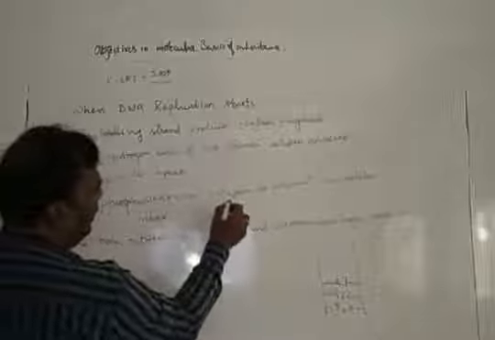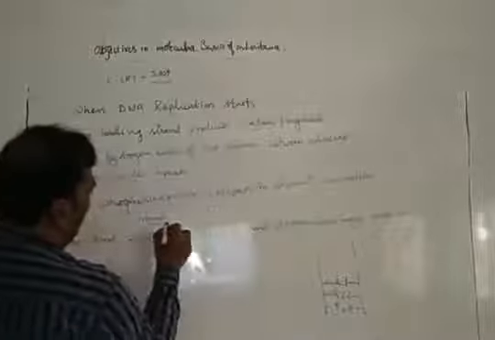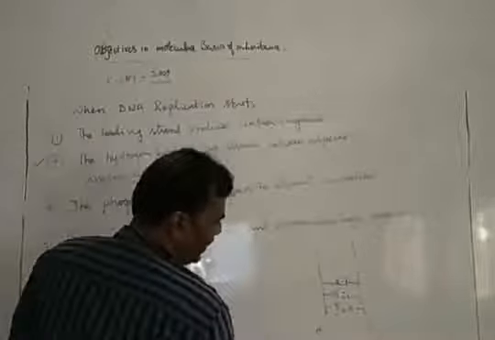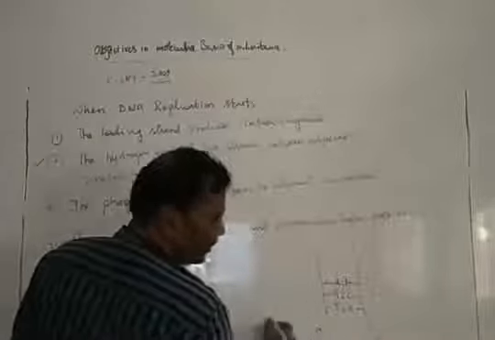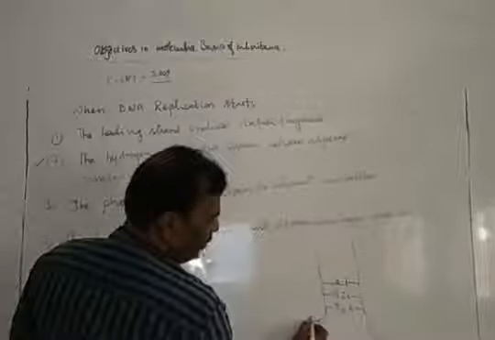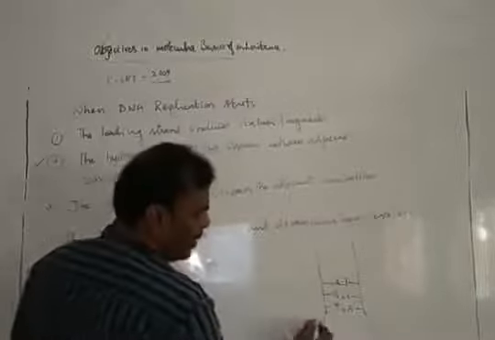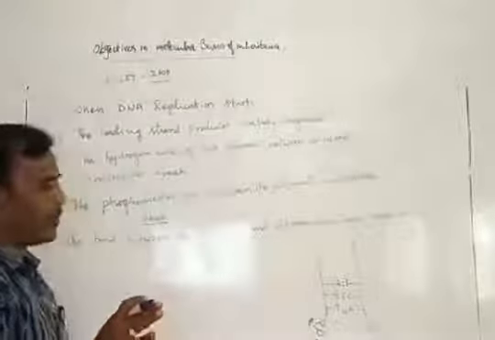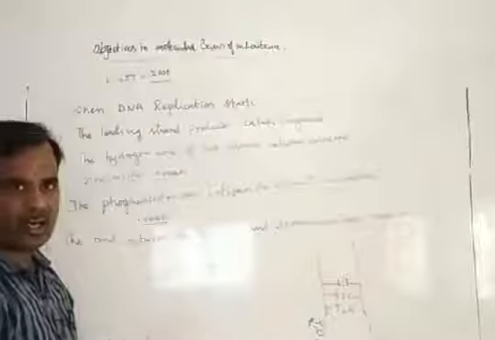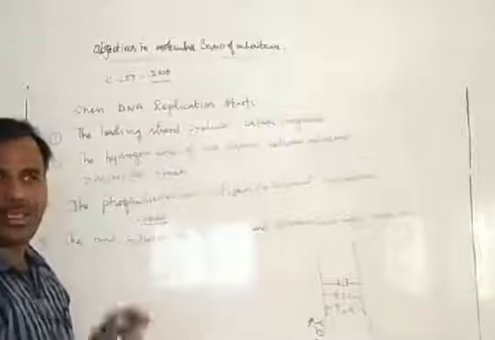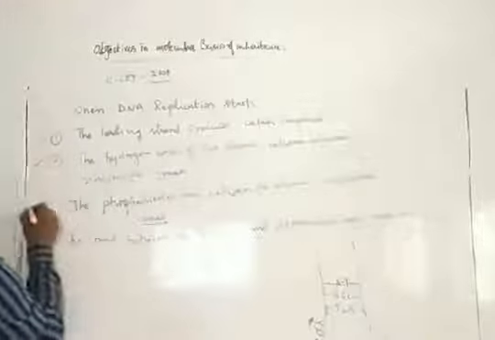The phosphodiester bond between the adjacent nucleotides breaks. They are saying like that, but it cannot break. The phosphodiester bond between adjacent nucleotides is not broken. So that is wrong.